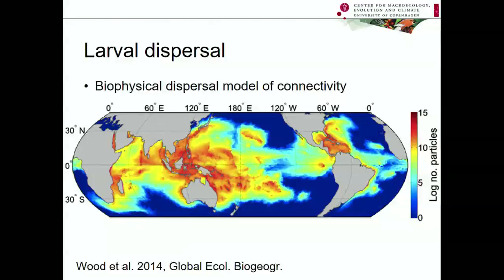So what they do in this model is they release larvae from every known reef location in the world over an 8-year period on a monthly basis, and then track the corals through the water and record their destination. So that's what you can see in this image here, where the reds indicate high concentration of coral larvae. So this gives us an understanding of the connectivity of reef locations, and it enables us to test hypotheses of dispersal in a manner which hasn't been possible previously. And we've been lucky enough to work with Sally Wood and have access to this data.